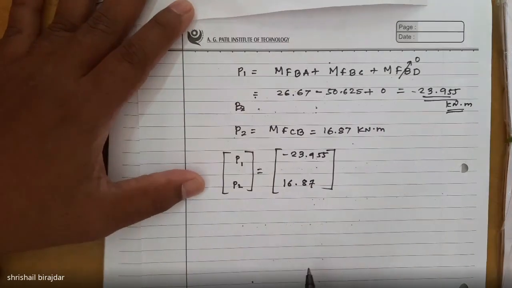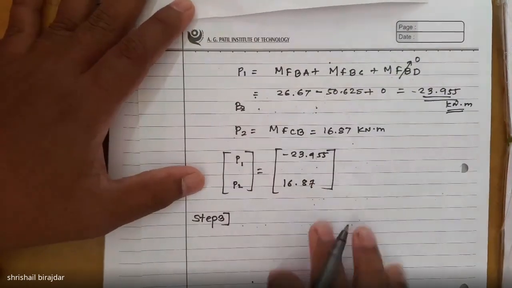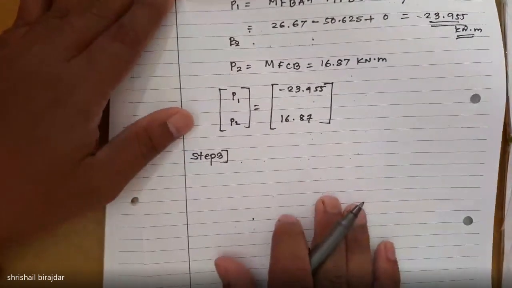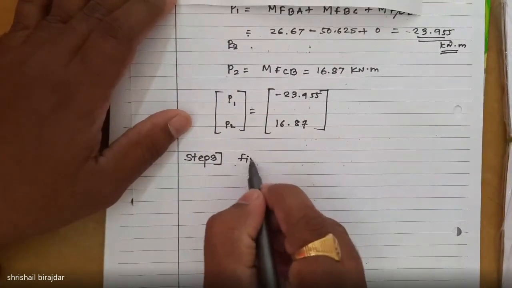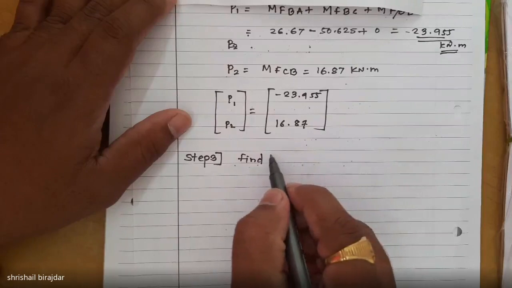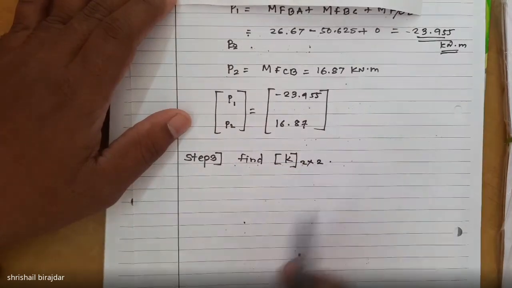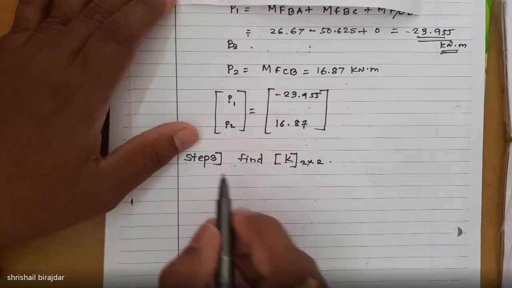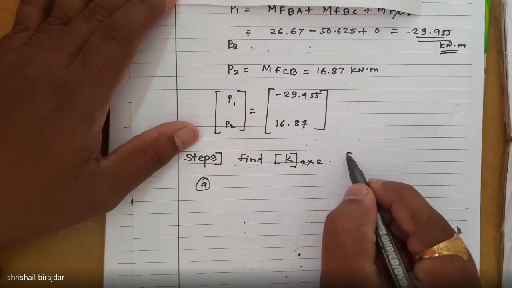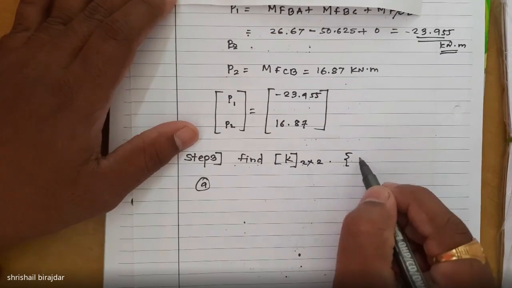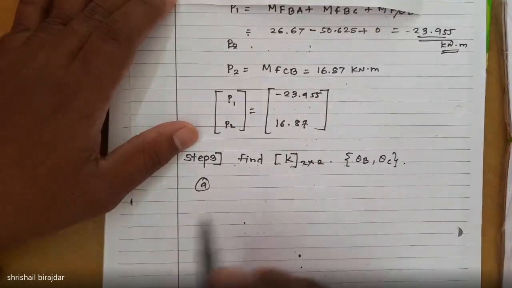Then step 3. Once again recall all the previous lectures. Find K matrix. K matrix, correct. K 2 by 2. We have to find out the K matrix. For the sake of our convenience, we take it as theta B and theta C. So these are the two unknowns.